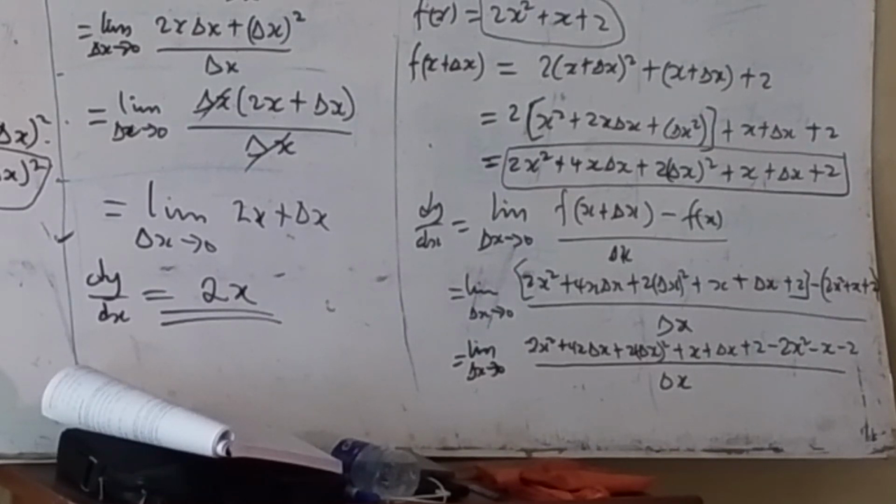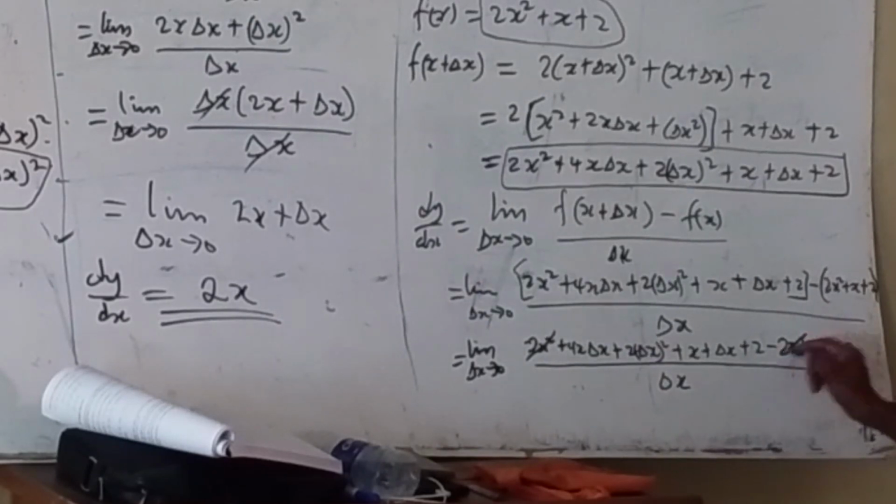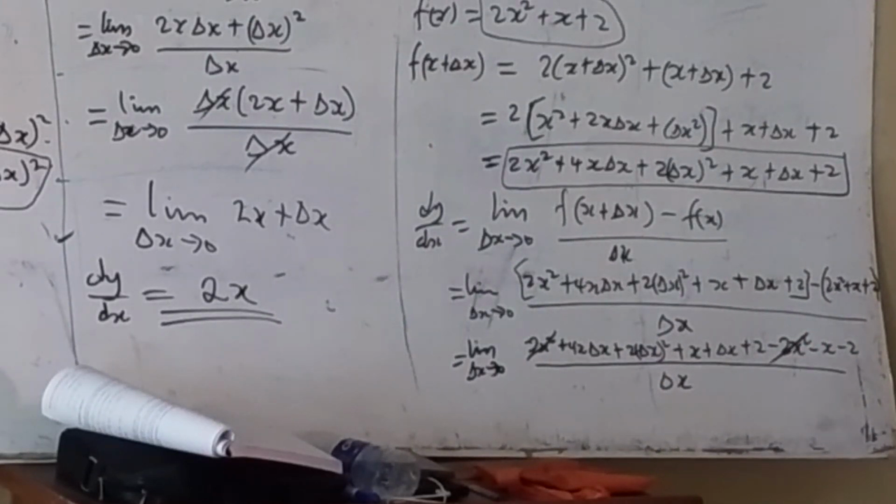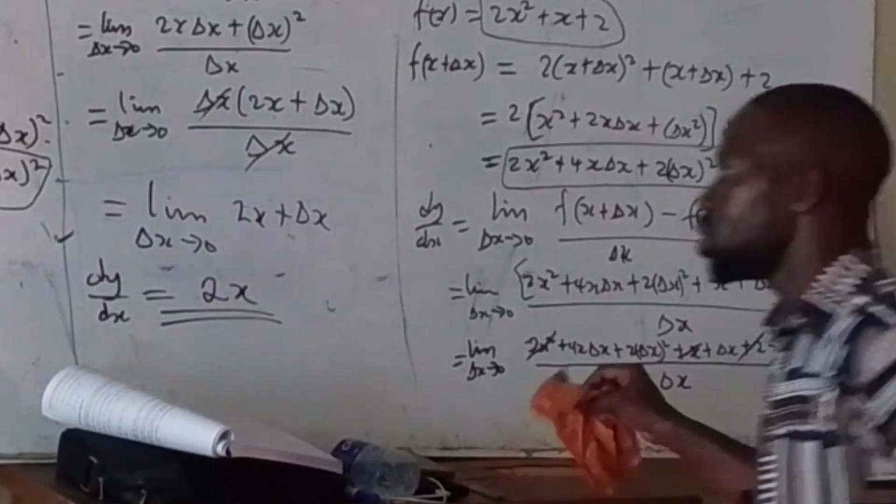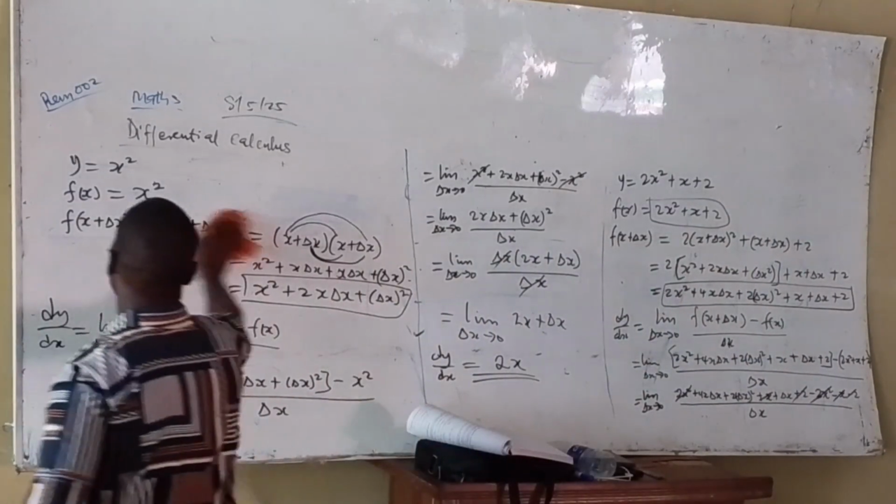Are we together? So if the minus affects them, 2x squared will take away 2x squared. We have x plus x minus x is out. Plus 2 minus 2 is out. So what is left?